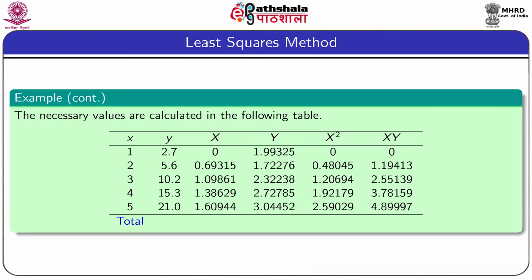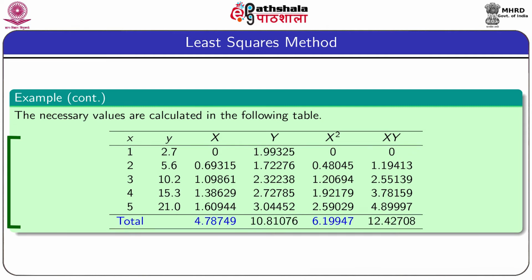The necessary values are calculated in this table. First column and second column represent the original values, and third and fourth columns are the converted values of x and y after taking logarithm, and fifth column is the values of X square, and last column represents the value of X into Y.